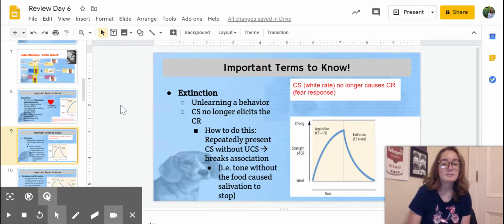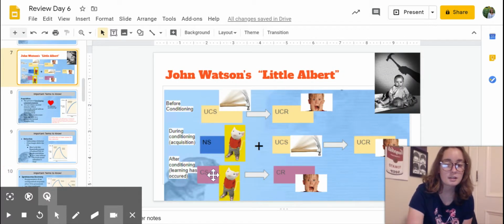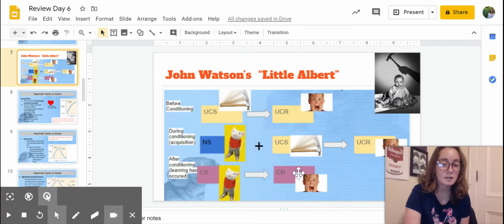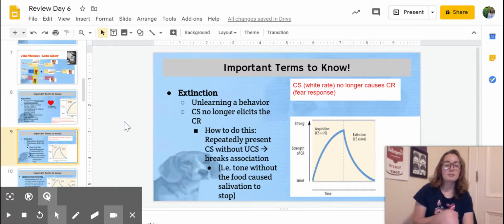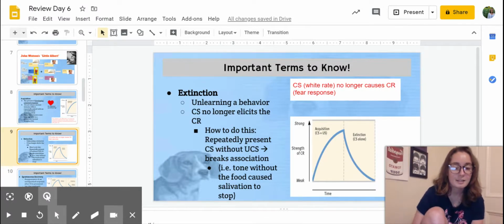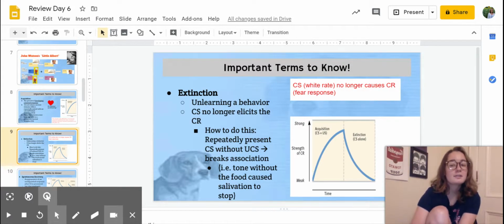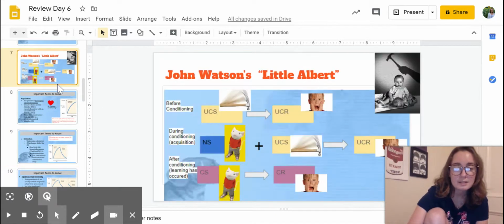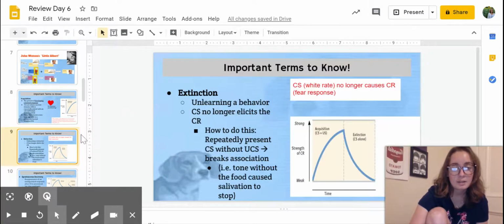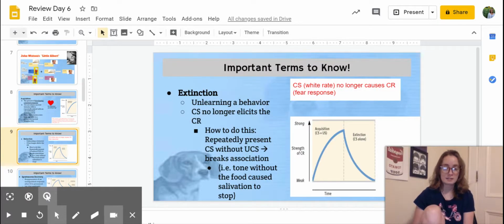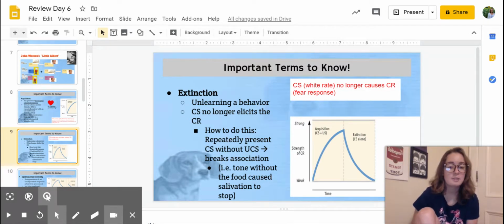So now conditioning has occurred, and the conditioned stimulus alone causes the conditioned response. But we're pretty smart, whether it's a dog or a human or Little Albert. We're going to figure out after a while that once you keep presenting the conditioned stimulus without the unconditioned stimulus, this actually isn't scary, and we're going to catch on and go through what is called extinction and unlearn the behavior.